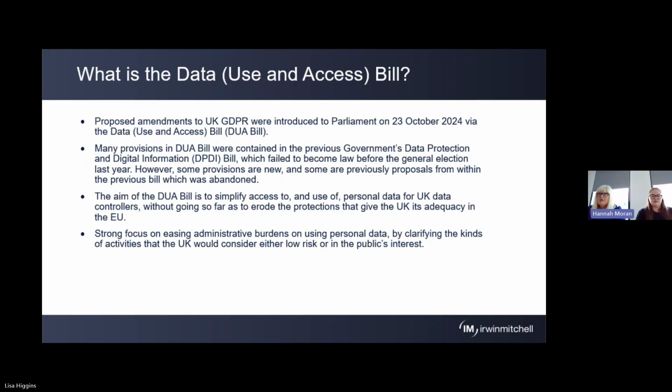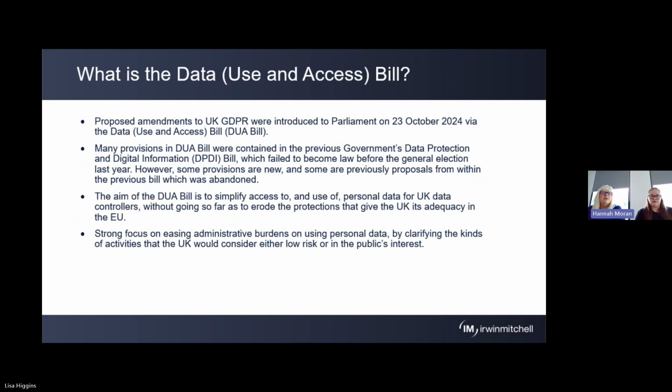I think it does have a difficult job: it needs to straddle the interests of being pro-innovation, helping businesses, but also protecting personal data to the extent that it doesn't cause any issues from an EU adequacy point of view, which we'll talk about later. But essentially, as you may well know, currently data can flow freely between the EU and the UK. That's on the basis of an adequacy decision given by the Commission, and obviously one also given by the UK.